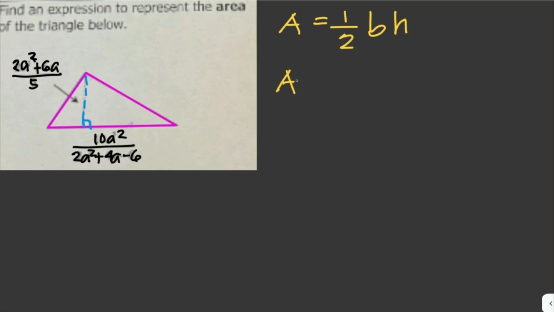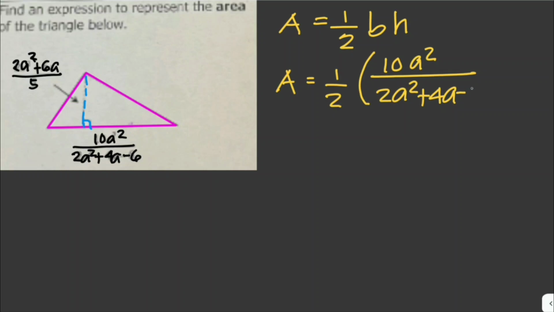So that would be area equals 1/2 times 10a squared over 2a squared plus 4a minus 6, times 2a squared plus 6a over 5. Then we can simplify. We can simplify this one as well as this one.